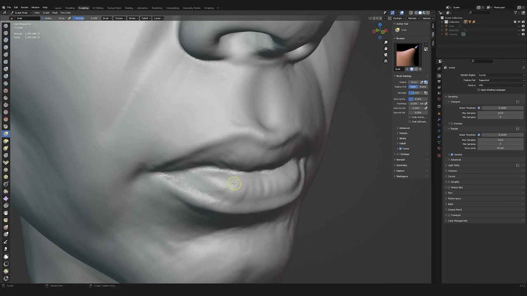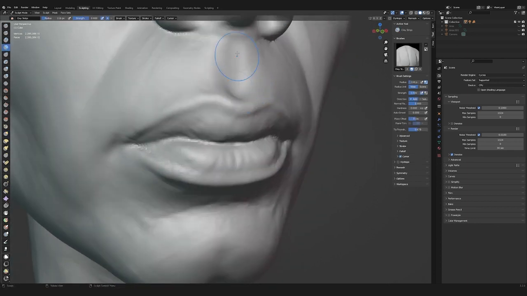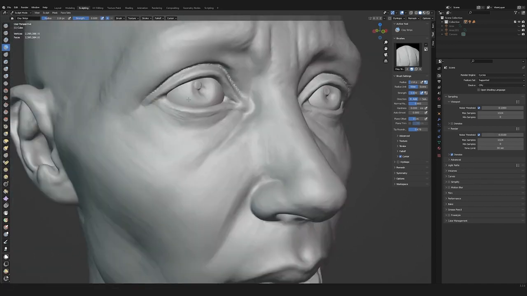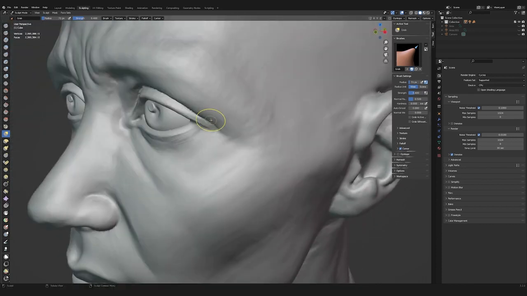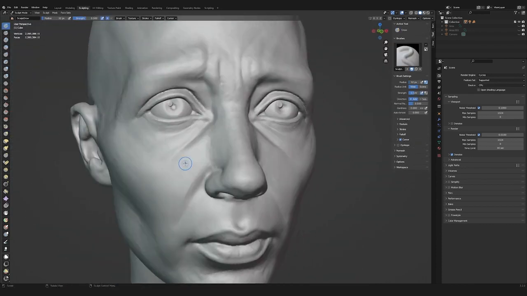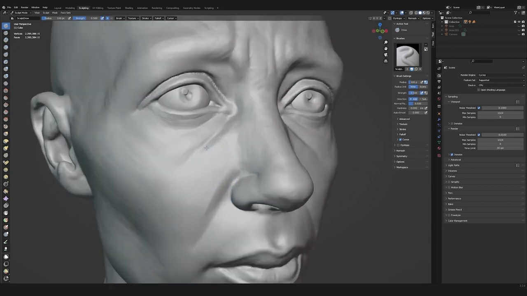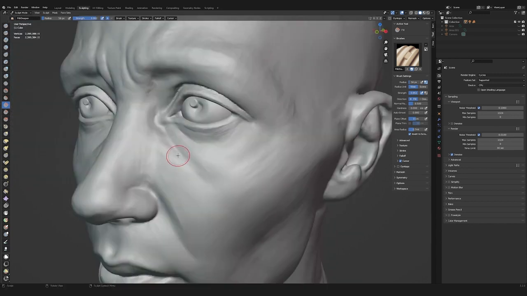Same thing for the lips here. It's very tempting to keep a little bit of that rough finish on the lips, especially since some of my brush strokes were going in the same direction as some of the wrinkles that we're used to seeing on lips. It just makes those look like they're well-fitting naturally. But of course, later on, once we get to a future stage on this head, we'll obviously want to get out of Remesh.